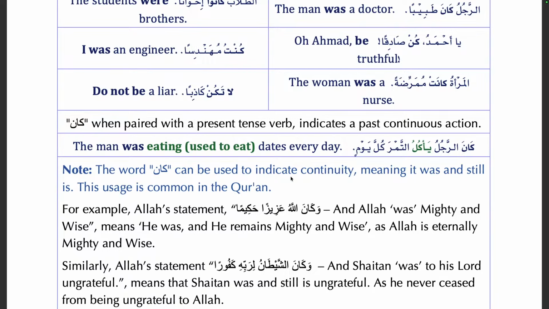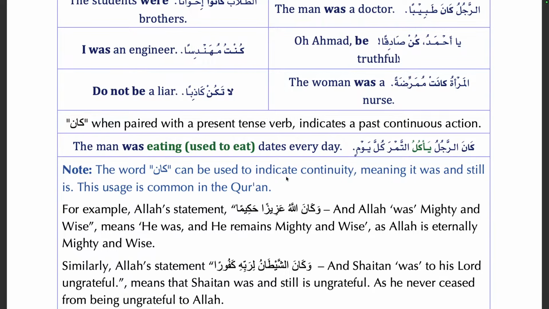Something that happened in the past, right? And here we're saying the word kana can be used to indicate continuity, meaning it was and still is. It was and still is.